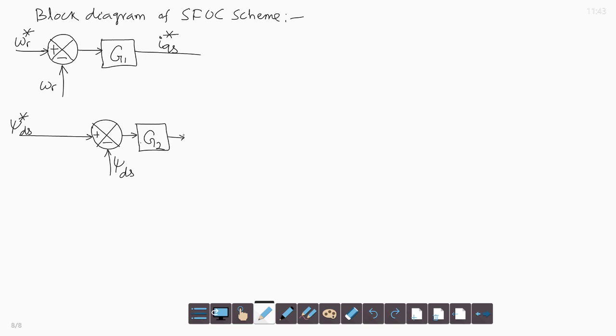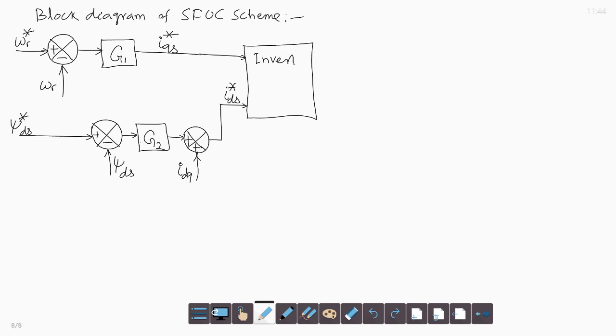With this one we will add the compensating current IDQ to obtain IDS star. So, IDS star and IQS star are the inputs to the inverter with control circuit for vector control of the induction motor.